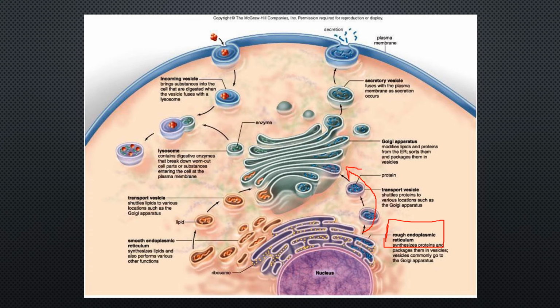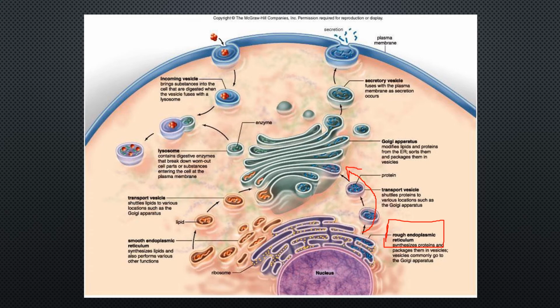And remember, one of the functions of the Golgi apparatus is to modify proteins from the endoplasmic reticulum. So that's where we start all the folding processes, and all those additional enzymes that make sure that the proteins get folded properly are in the Golgi apparatus.